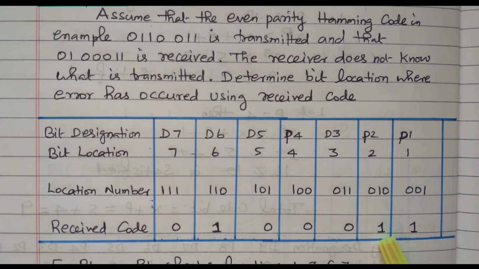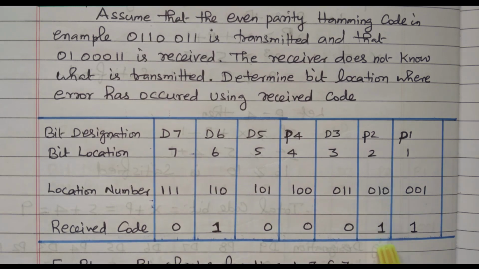Then we go to P2. For P2, wherever 1 is available in the middle bit, it will be verified by P2. That is position 3, where 1 is available; 4 is not available, 5 is not available; 6 and 7 are available. So it will verify positions 2, 3, 6 and 7.